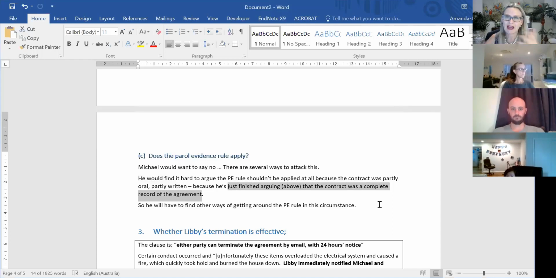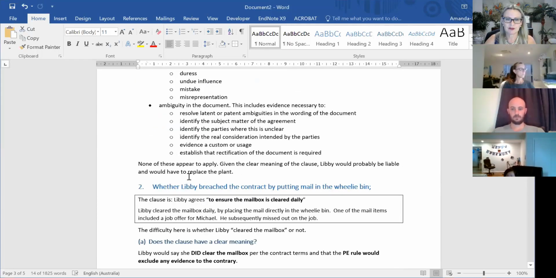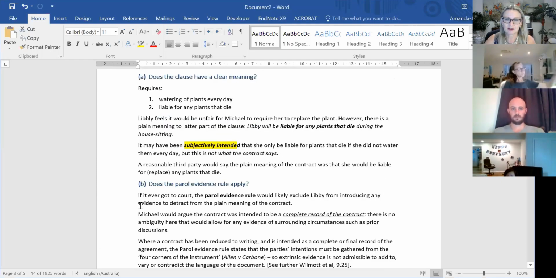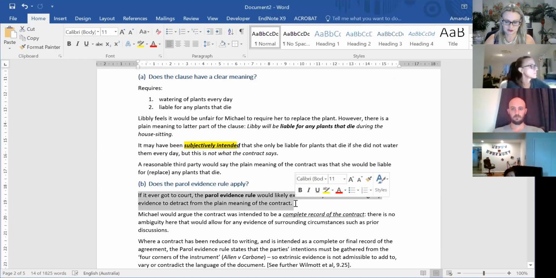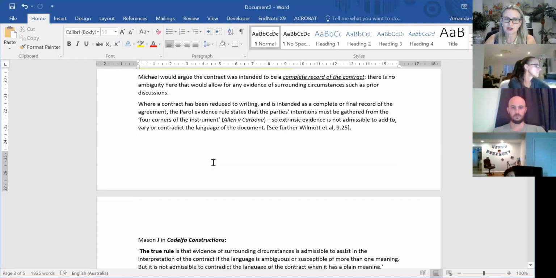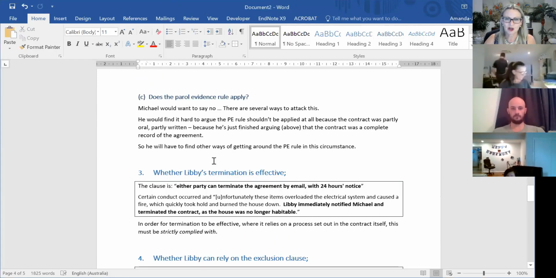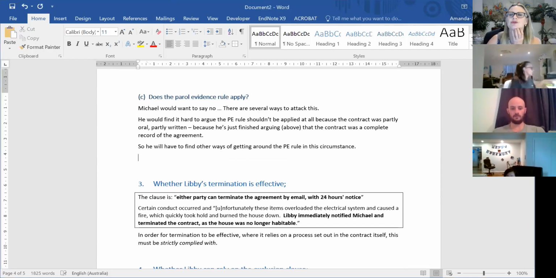You need to be mindful how the bulk of your advice hangs together. So if you've just finished saying in question 1 that the parole evidence rule should apply because this is a complete written record of our agreement, you then in the next question can't say, oh, hang on, it's partly written, partly oral. Do you know what I mean? You have to be aware of the internal consistency issue. So you would find that exception hard to use.